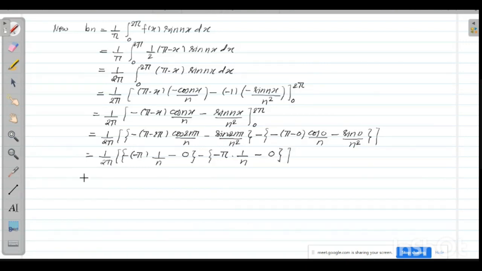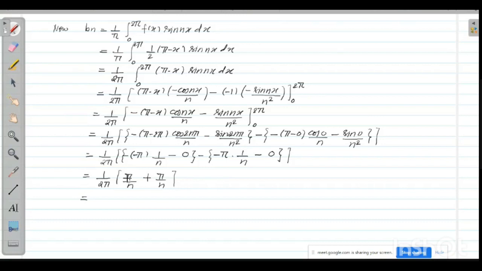Just close the bracket. Now again simplify. So 1 upon 2 pi, minus goes here plus, and plus here multiply. So this becomes pi by n, and minus goes here plus, so this becomes pi by n. Okay, just simplify.